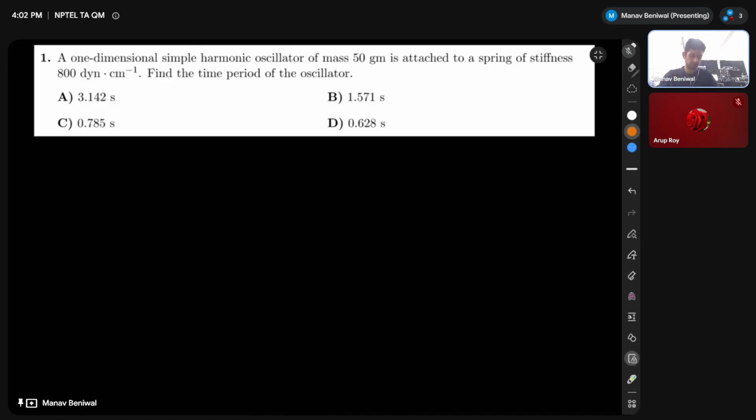So we have a 1D oscillator, and the time period is simply 2 pi over omega, where omega is given by under root k over m. Okay, so this is the formula.